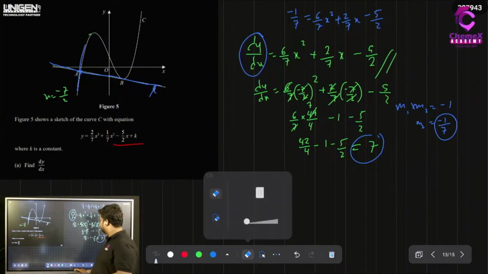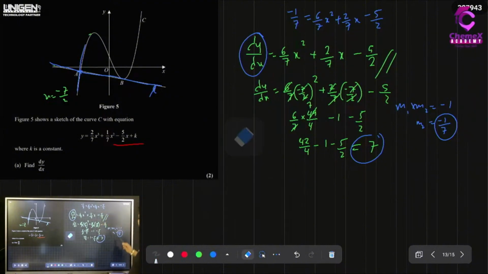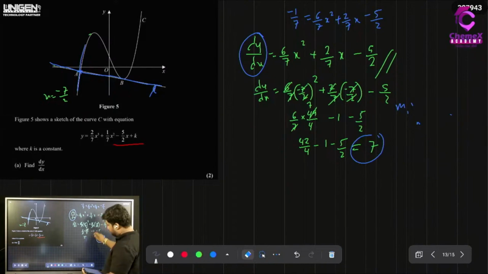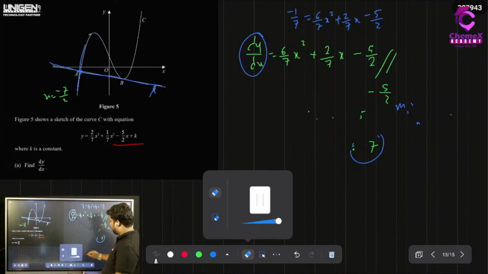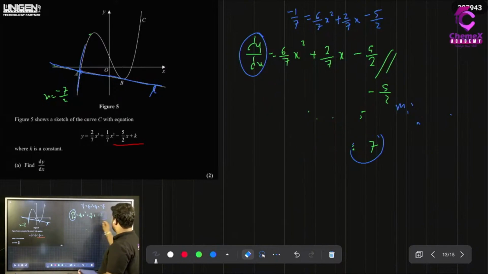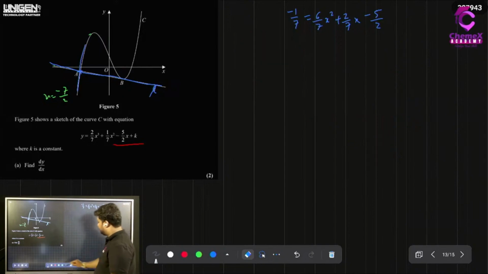How do you do it? So multiply everything by 7.